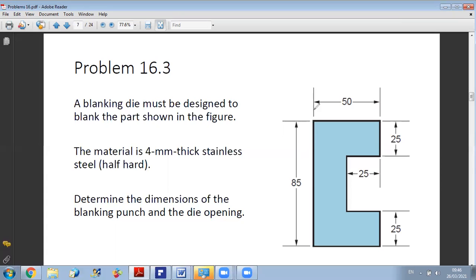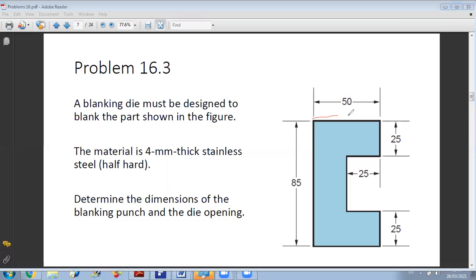The cutting length here is equal to the perimeter of the desired part, which is 50 plus 25 plus 25 plus 35 plus 25 again. Or, due to symmetry, you can directly say it's 2 times 50 plus 2 times 25 plus 2 times 25 again, plus this length, which is 35, and plus 85. You get the total length of cut.